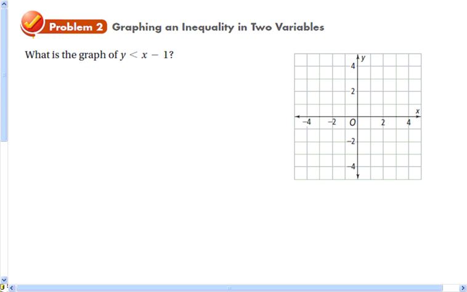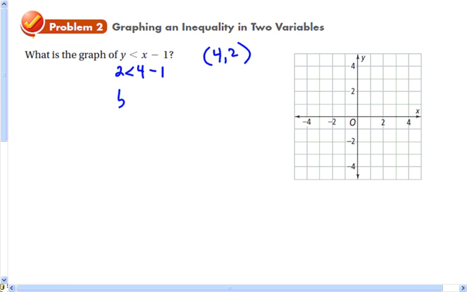All right, what is the graph of y is less than x minus 1? There's a whole bunch of points, values for x and y that make this true. Just to give you a couple, let's say y is 2 and x is 4. 2 is less than 4 minus 1 because 4 minus 1 is 3, so 4, 2 is a solution.